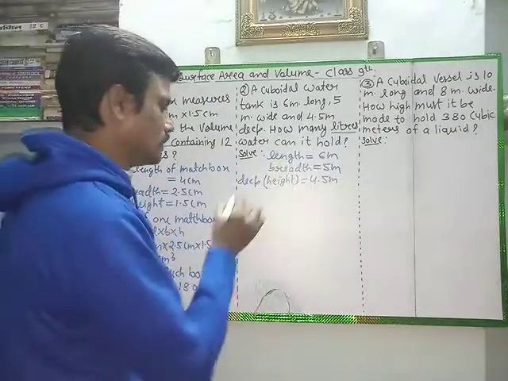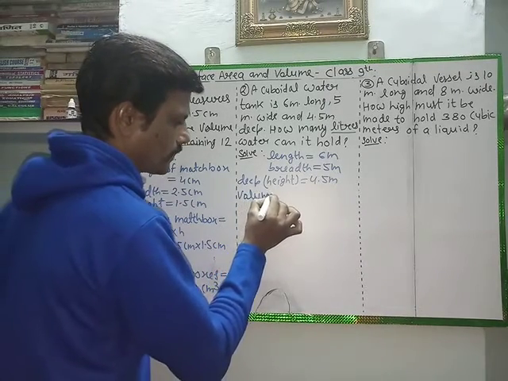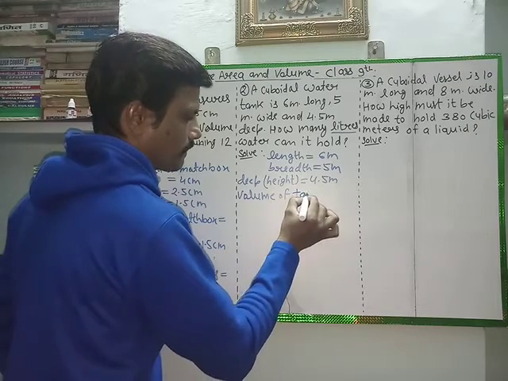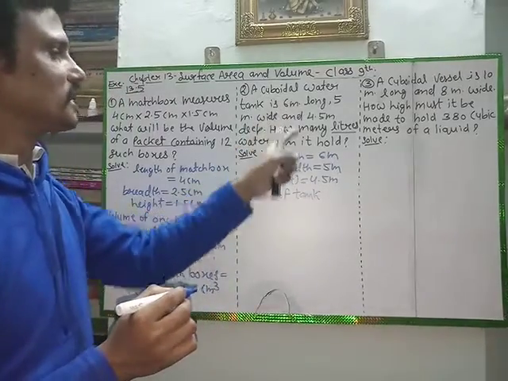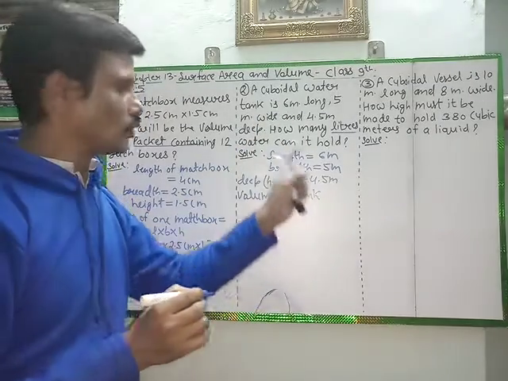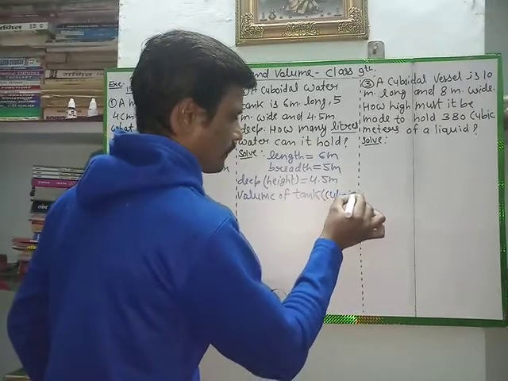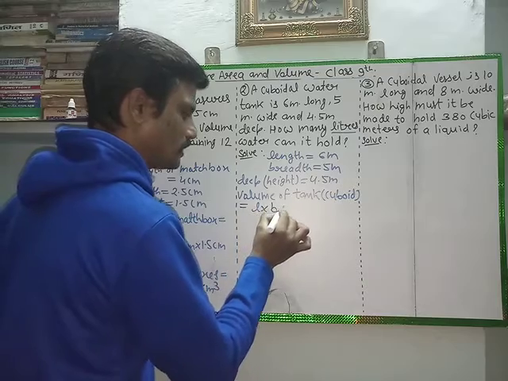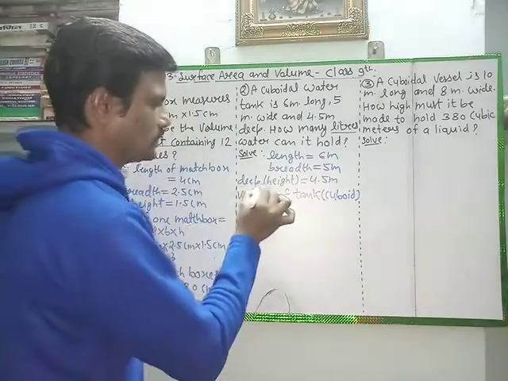So how do we calculate the volume of the tank? What is the shape of the tank? Cuboid. And the volume is L cross B cross H, where H means height.